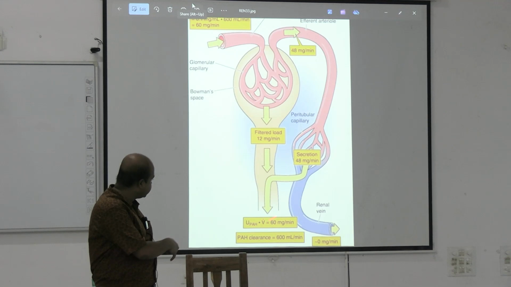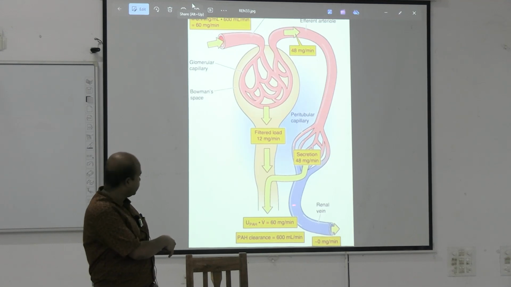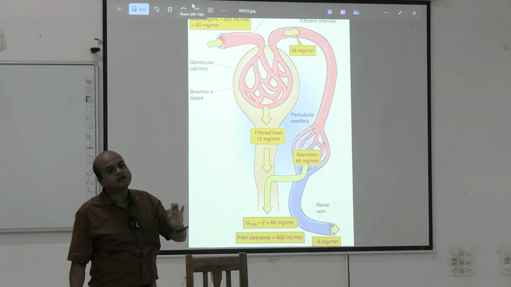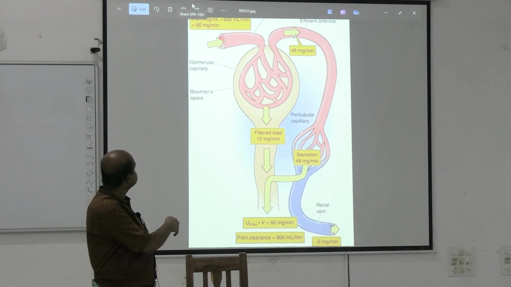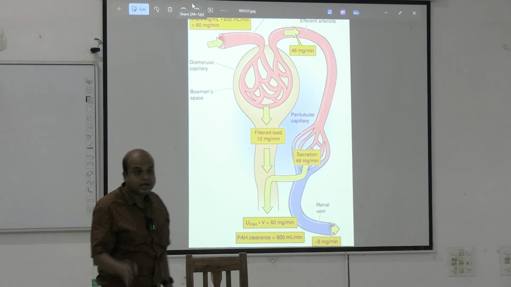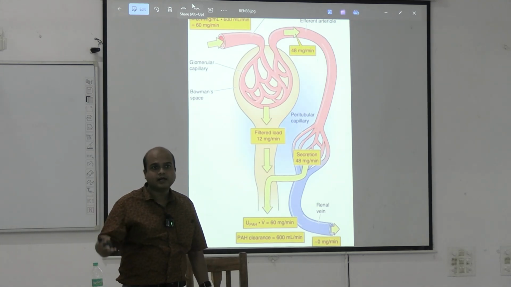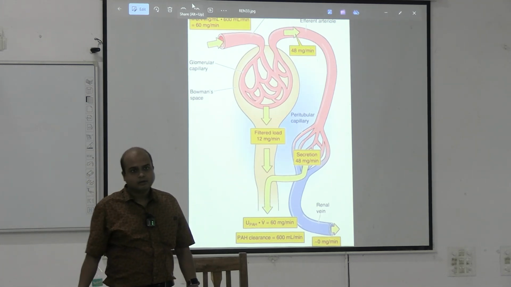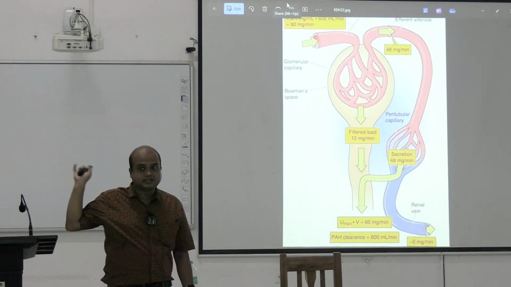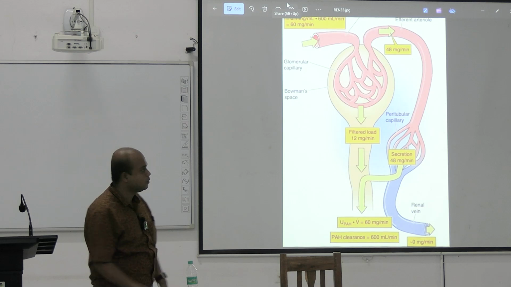Then only will everything be going to the blood and renal vein. See, it is written 0 milligram per minute, but actually it is about 10%, so of 60 milligram, 5 to 6 milligram will actually go out. That is neglected. But if it is more than that, if it is 20 milligram, one third, then the calculations we wrote on the board will not hold.